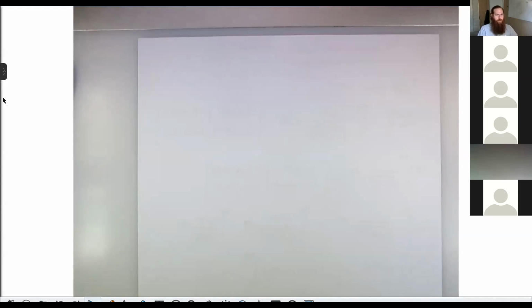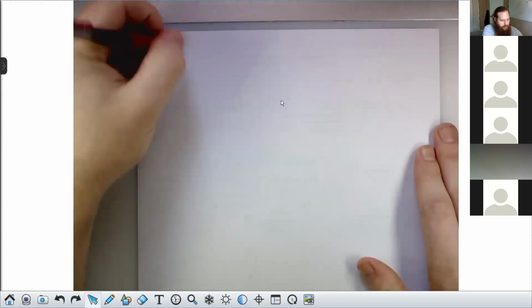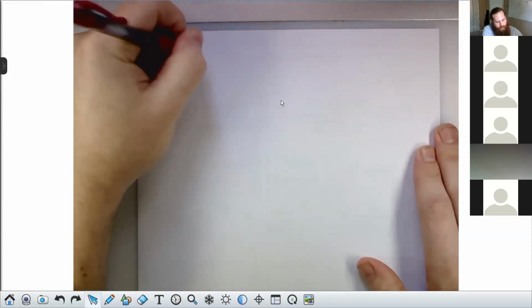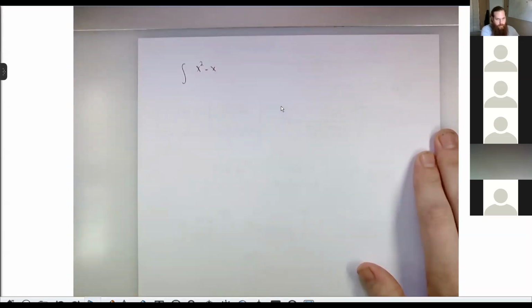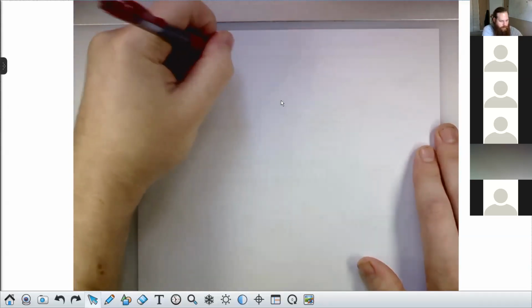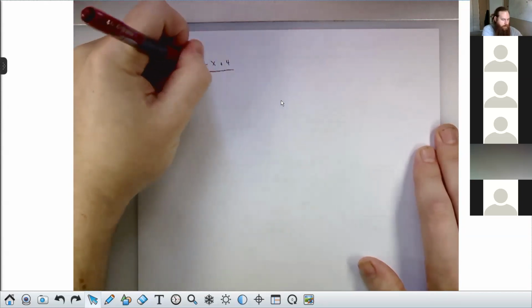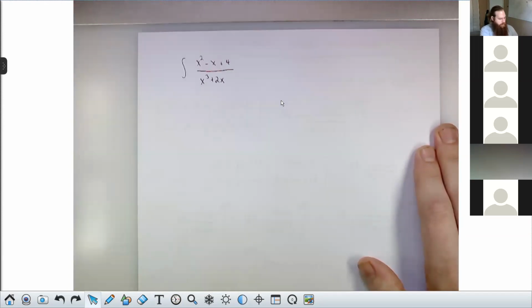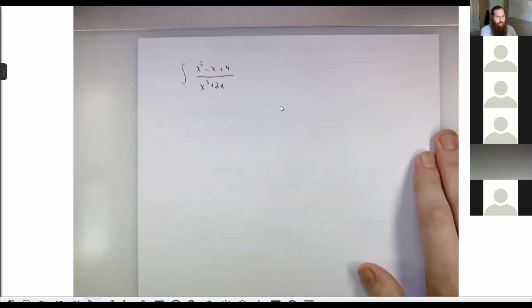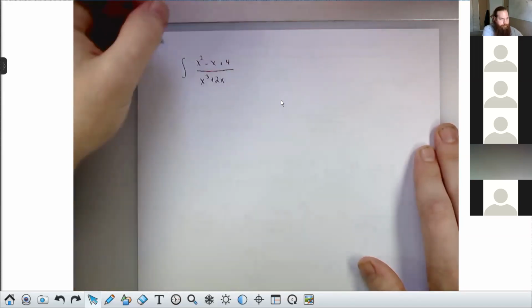X squared minus x plus 4 over x cubed plus 2x. Is it 4? And is this indefinite? It is. All right.